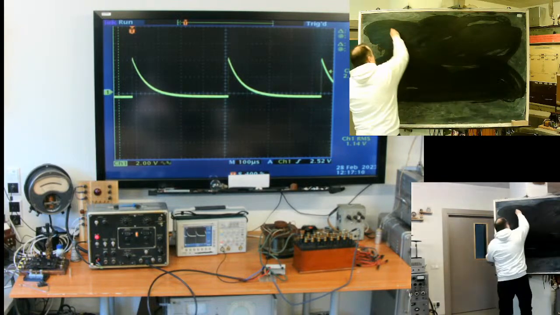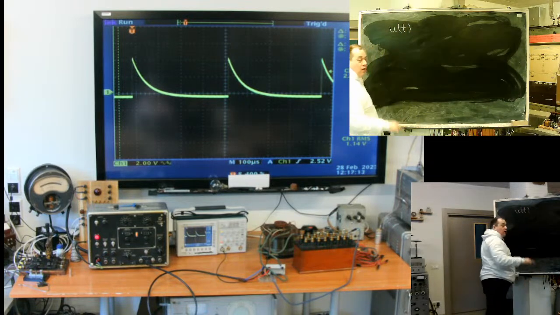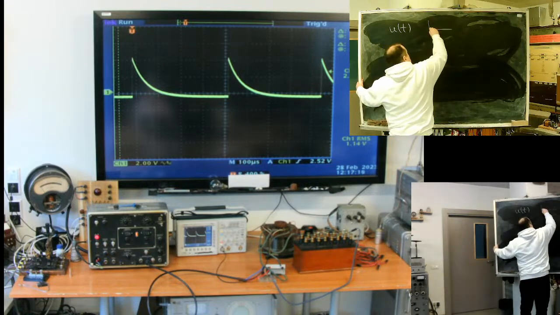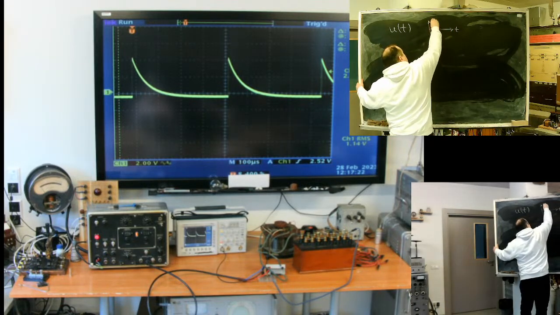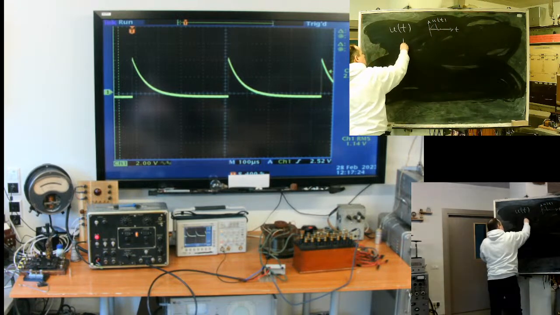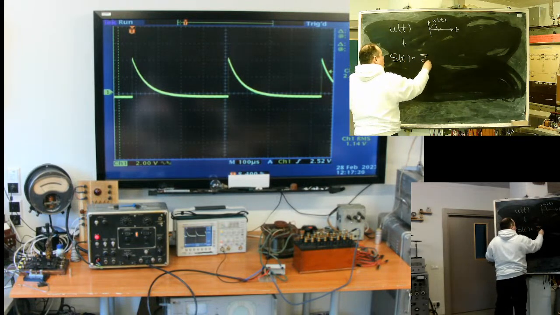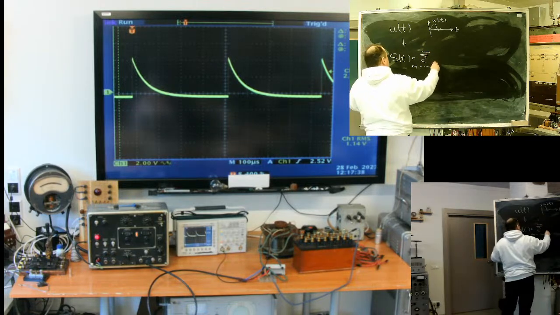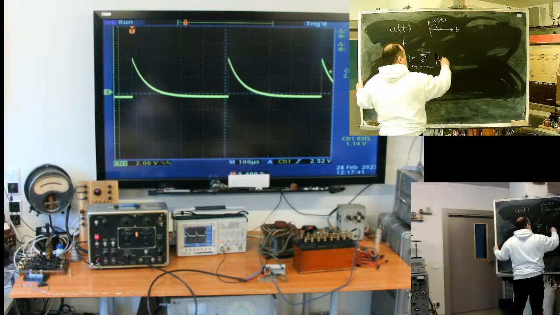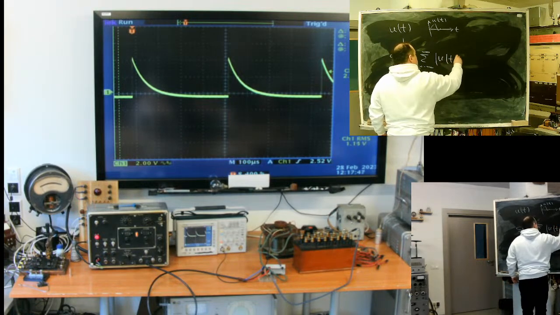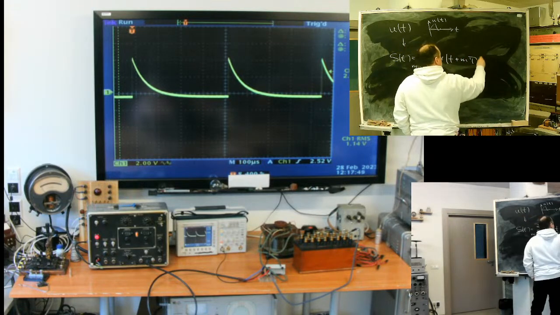So we had some non-periodic signal. It's one turn of the switch. We can create a sequence. Let's say it goes from minus infinity to infinity of the pulse shifted by m periods.